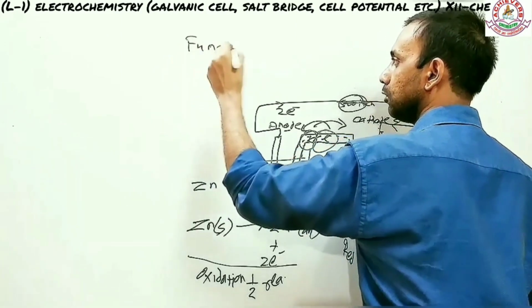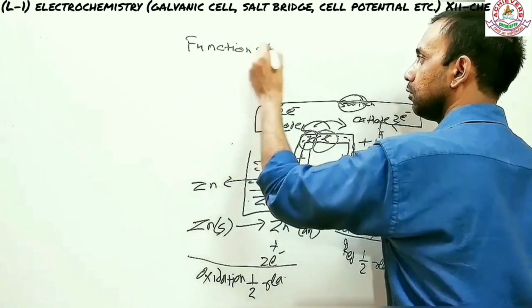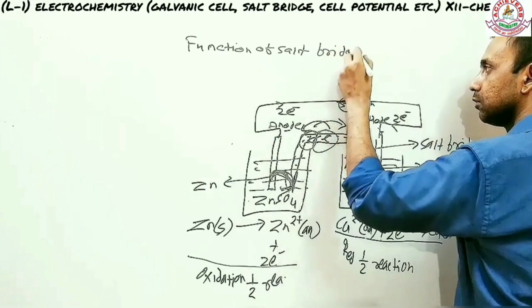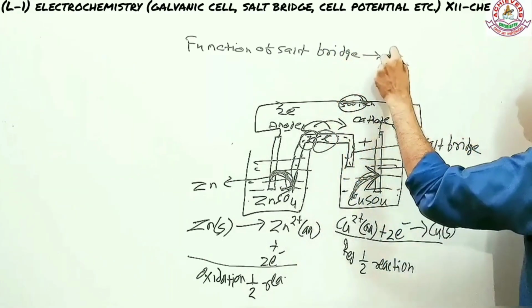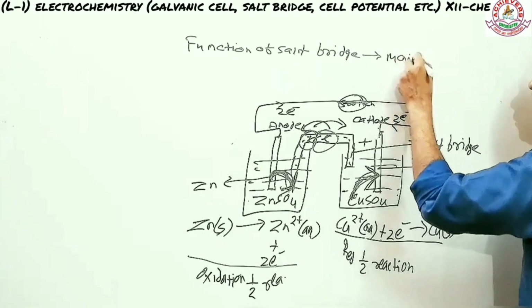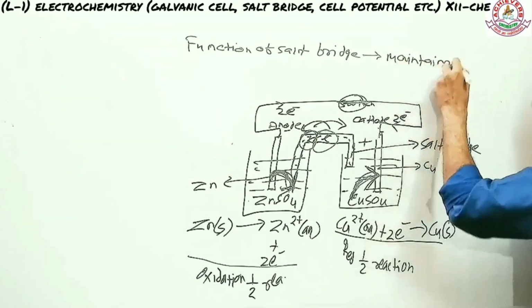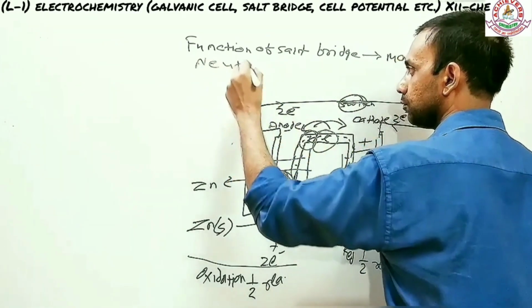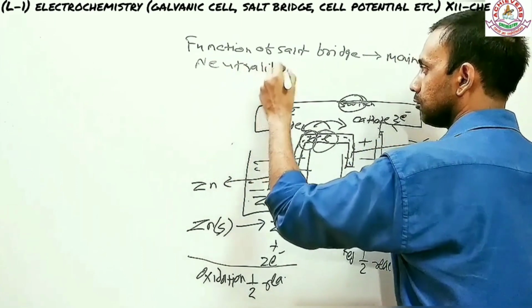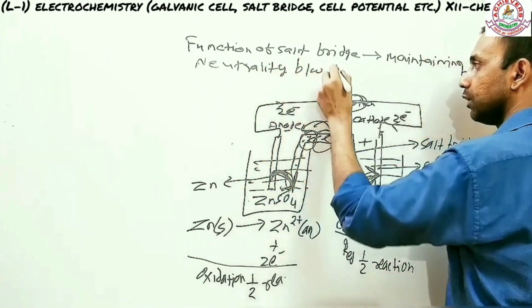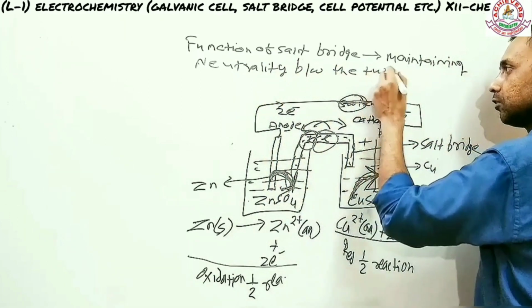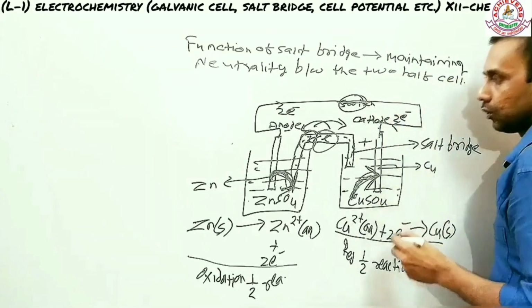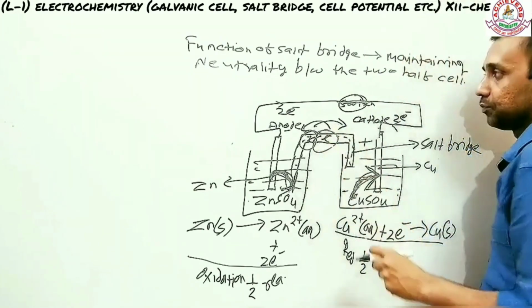Function of the salt bridge: maintaining neutrality between the two half cells. Okay, that is the function of the salt bridge.